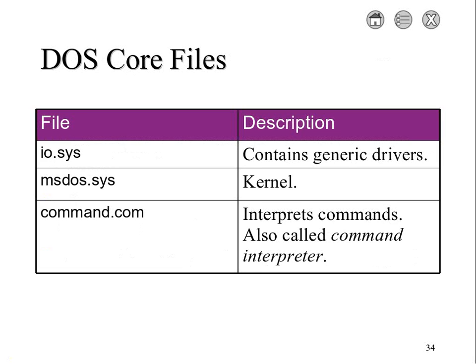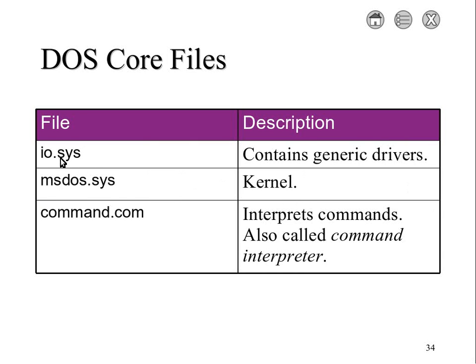It had three parts of it that it used to do this. It had three files that were on your floppy disk, because it was designed to load off a floppy disk. The kernel was called ms-dos.sys, the kernel of the operating system.